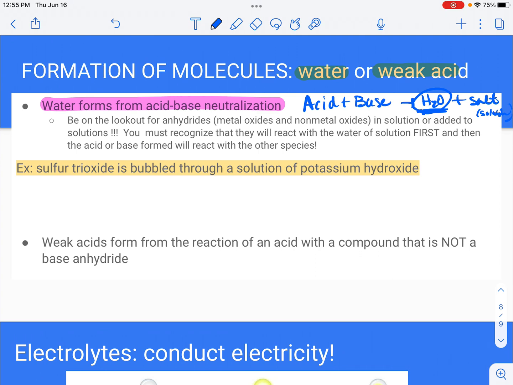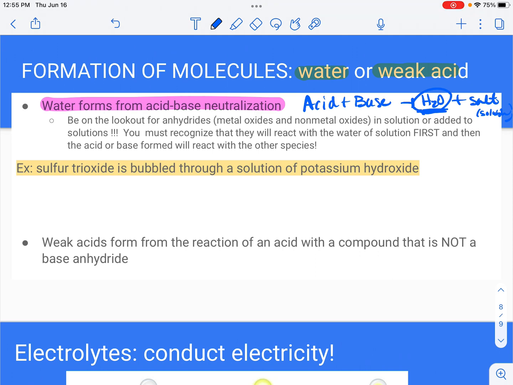Okay, so you definitely want to be watching for that: the acid anhydride, if you're putting it into something that already has water in it, will form the acid. And the base anhydride, if you're putting it into something that's in solution that already has water, will form the base. The water does not become a part of your overall equation, but it's a part of the picture of what happens, and that will help you remember how this works.